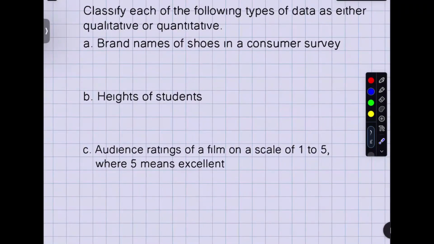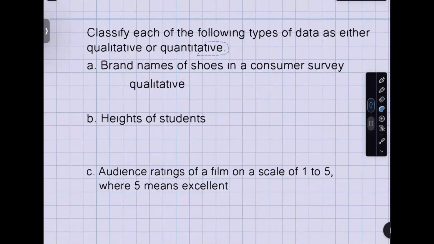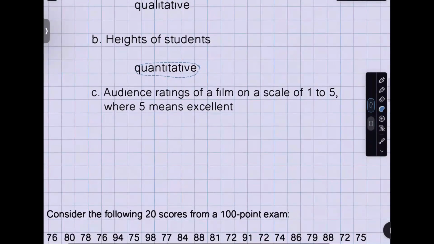So out of these three here, which one is qualitative and which one is quantitative? Second one? Is it though?